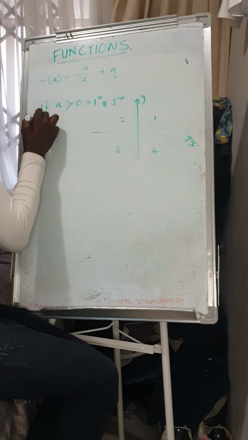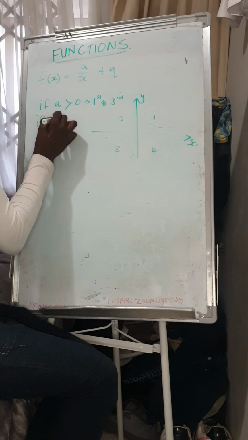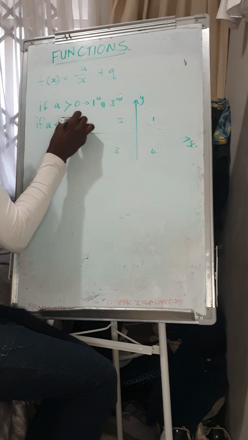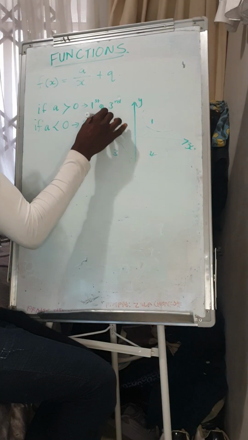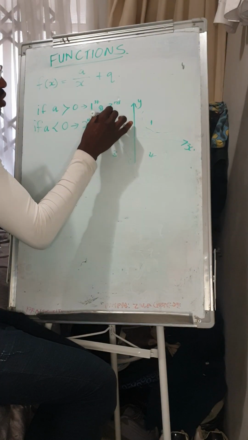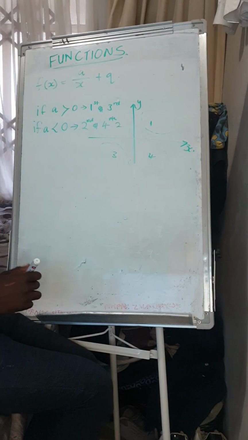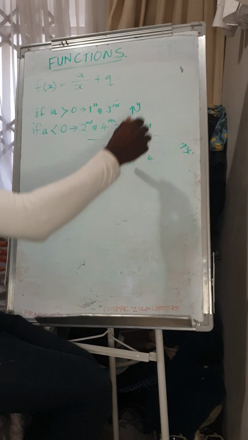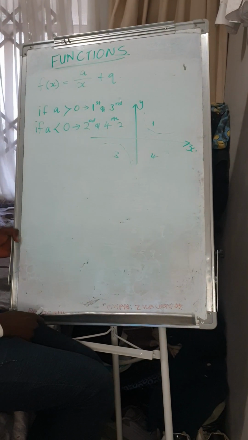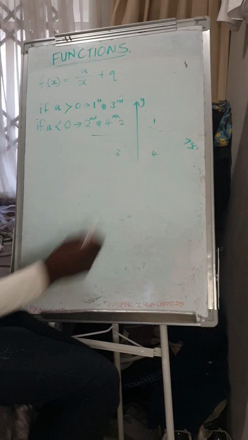And then if A is less than 0, then the opposite is true: the second and fourth, right? So if A is greater than 0, our graph will lie here and here. If A is less than 0, it's going to lie here and here, right?